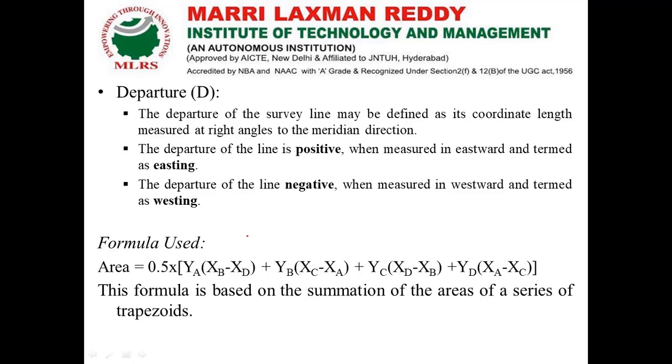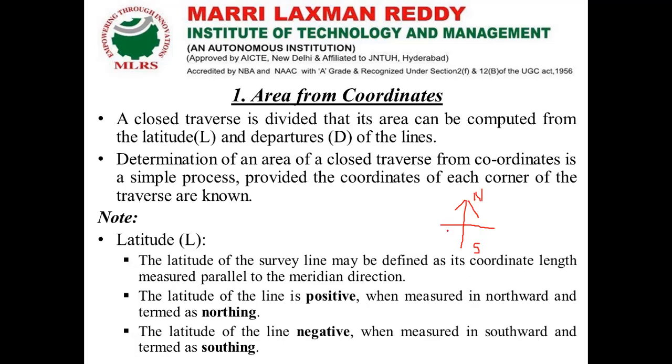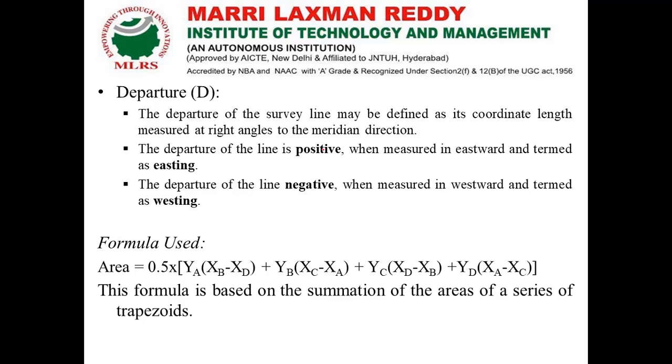Similarly, departure. The departure of a survey line is defined as the coordinate length measured along the east-west direction, perpendicular to latitude, or at right angles to the meridian direction.